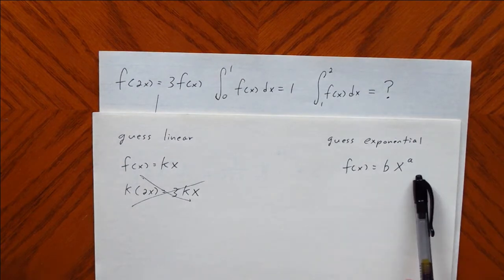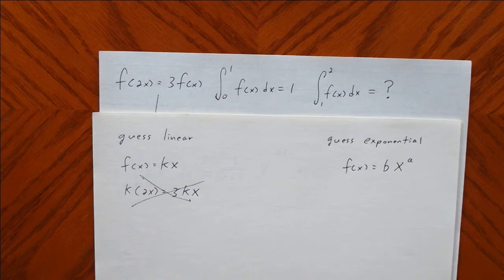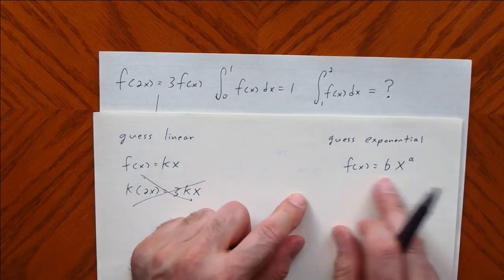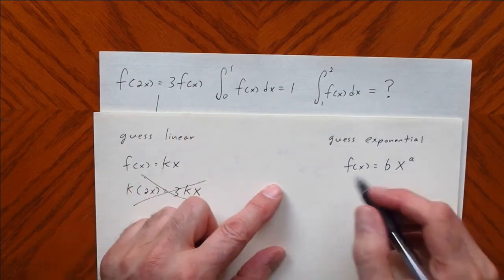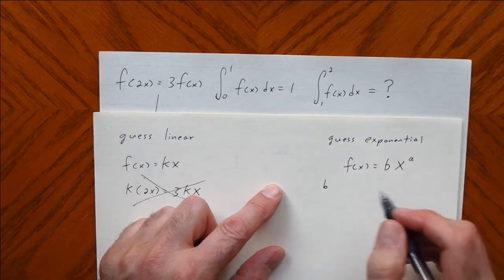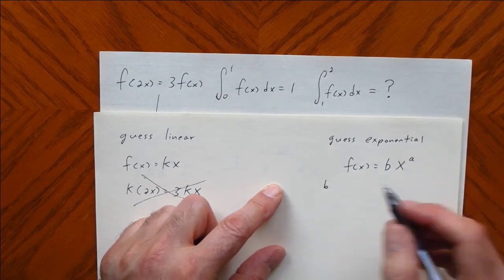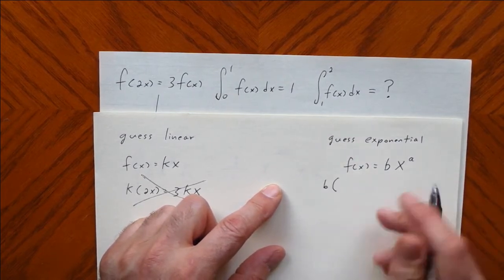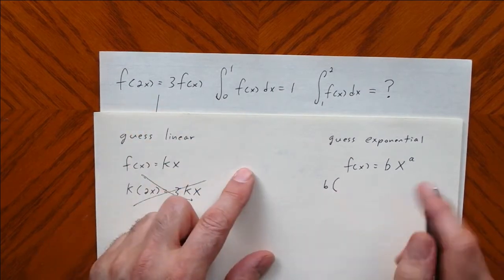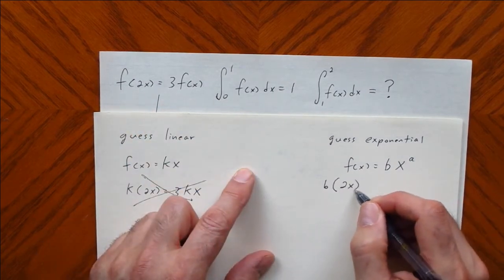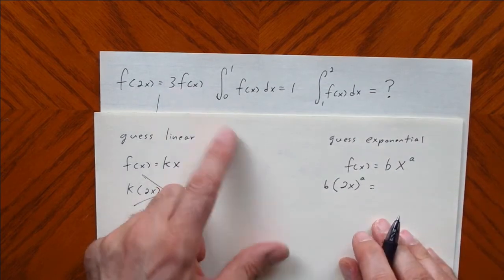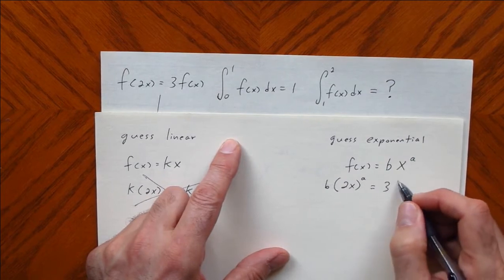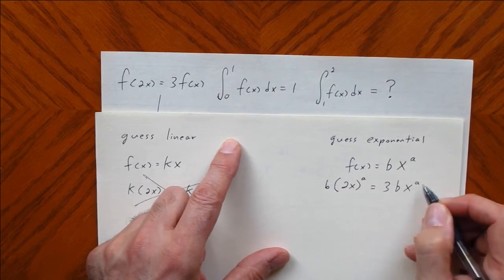Let's go over here and guess that it's an exponential. If it is an exponential, then we are of the form b times a to the x. Let's put that over here. We have b times 2x to the a equals 3b x to the a.